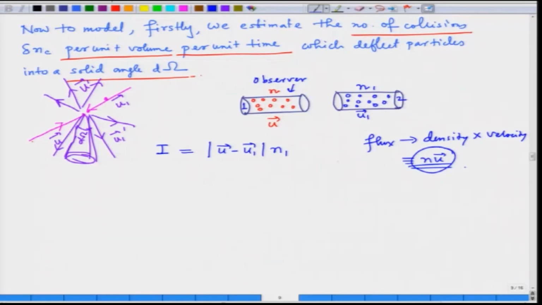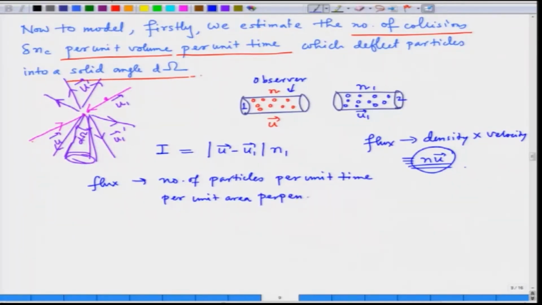Another way of defining flux is the number of particles per unit time per unit area perpendicular to the direction of particle flow.